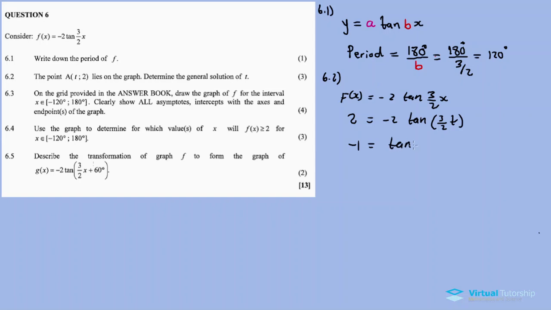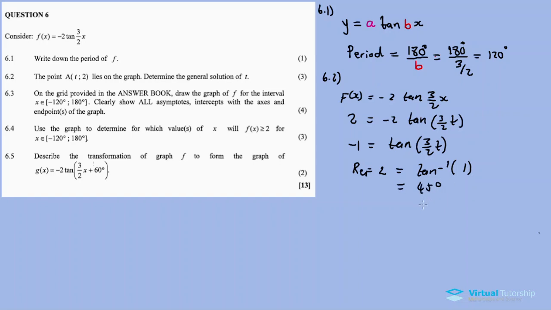Since we want to be left with tan only as our function, it's 3 over 2t, and then we take the arctan of positive 1. To calculate the reference angle you ignore the negative sign, so arctan of 1 is 45 degrees.